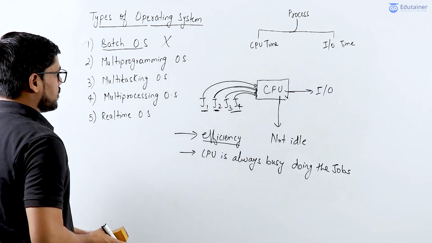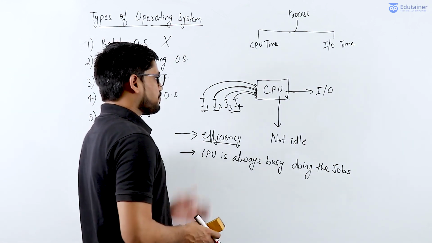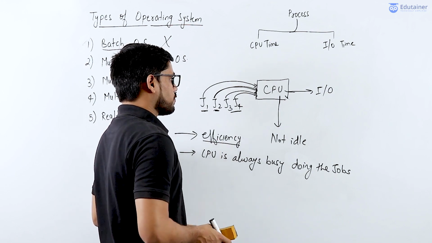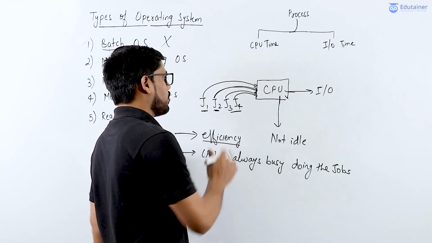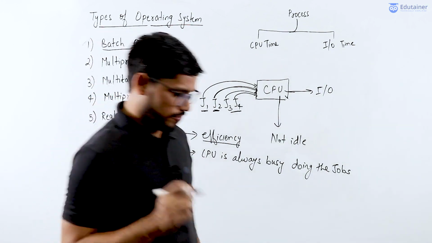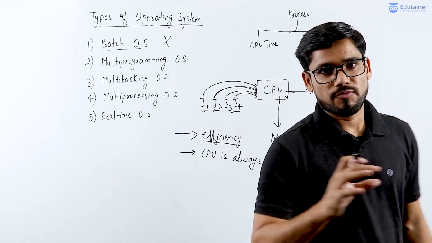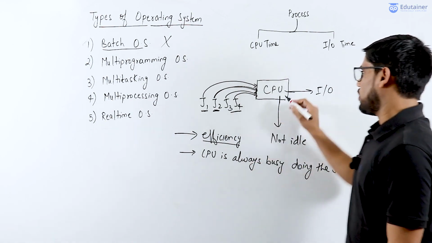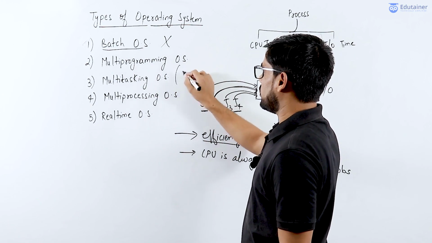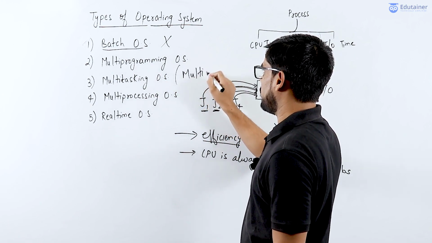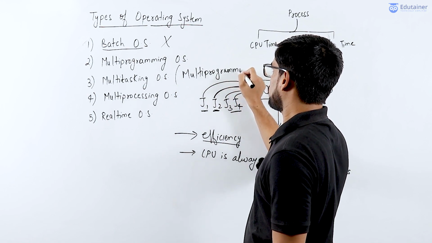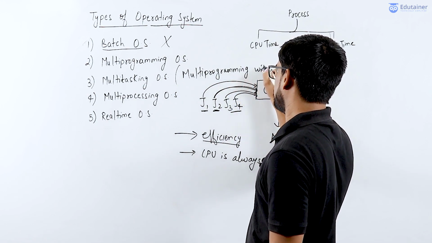Next one is multitasking. In multitasking, let's say some higher priority process comes. So whenever a higher priority process comes, we allocate this higher priority process first and forcefully remove the running process. So multitasking is nothing but multi-programming with preemption.